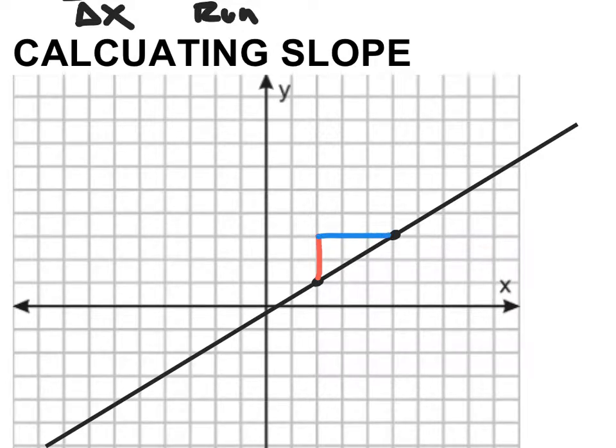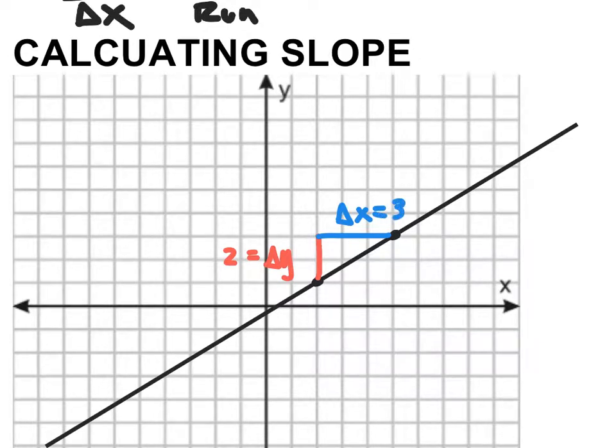This is my change in y here, and this is my change in x. The change in y is a distance of 2, and the change in x is a distance of 3.